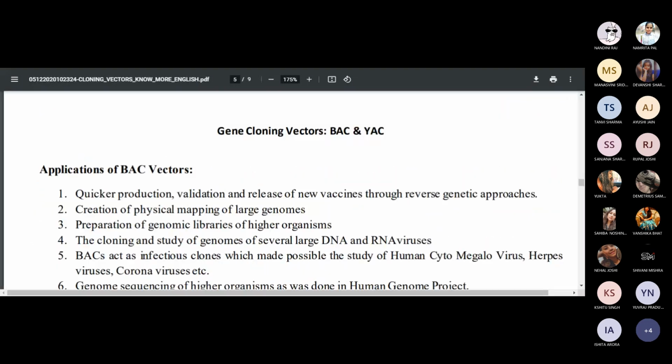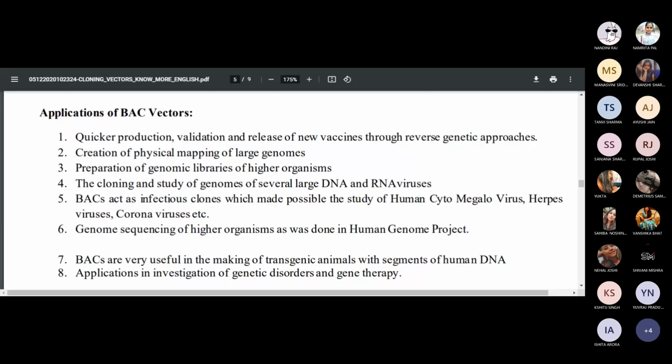Okay, now come to the applications. What are the applications of this vector? Marcin, please read the applications. Applications of BAC vectors: quicker production, validation, and release of new vaccines through reverse genetic approaches. Creation of physical maps of large genomes. Preparation of genomic libraries of higher organisms. The cloning and study of genomes of several large DNA and RNA viruses.